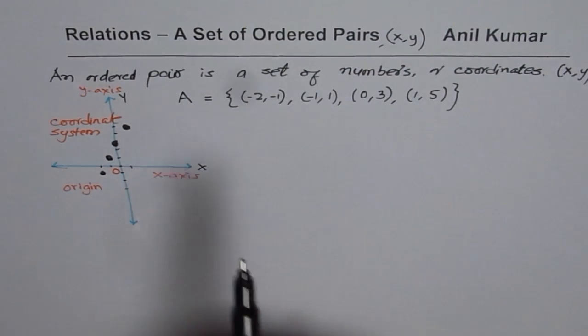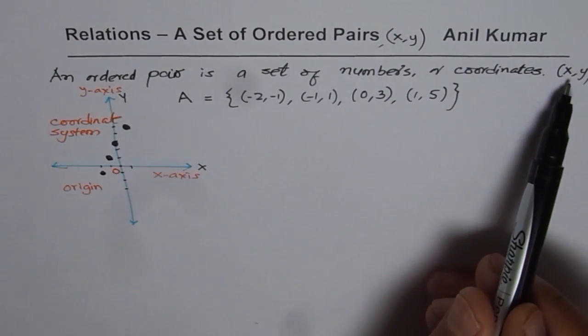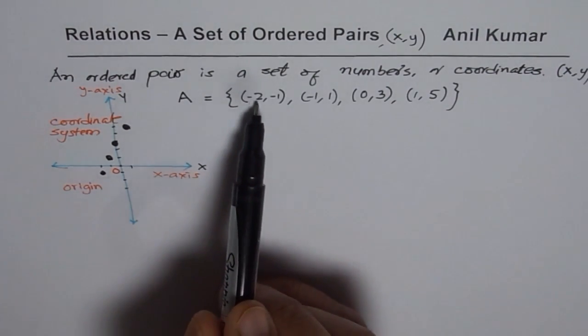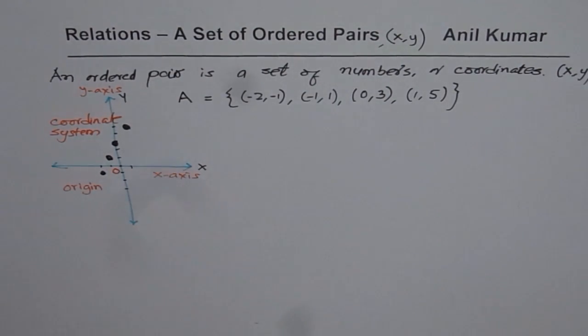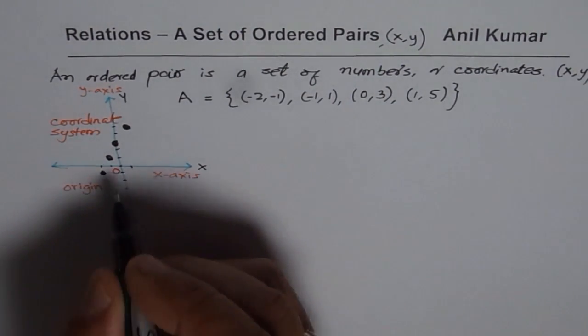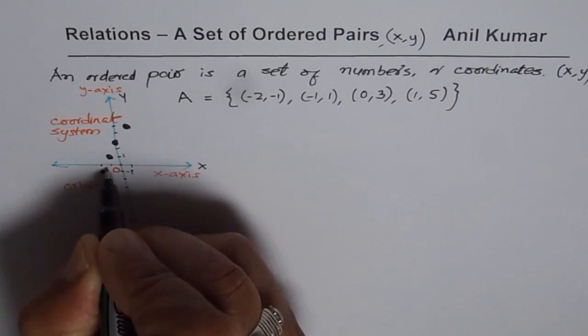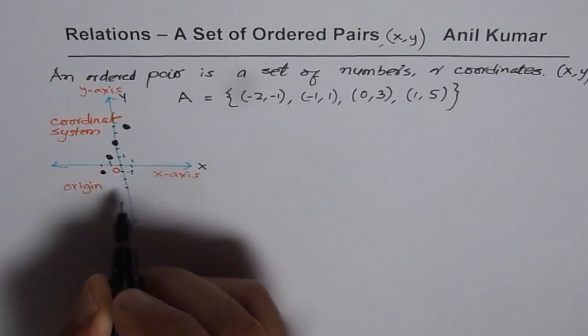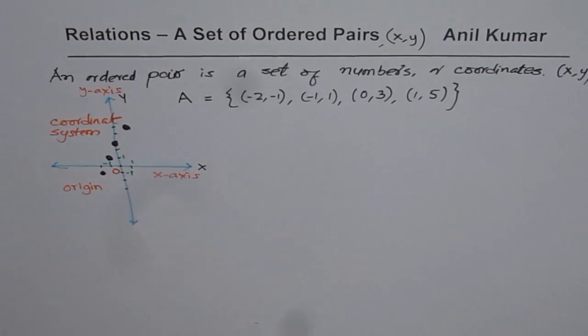Now the first coordinate is represented along the x-axis. So the x coordinate for the first point is -2 and the y coordinate is -1. Each unit is 1 unit. The left side is negative, and for the x-axis, the right side is positive.